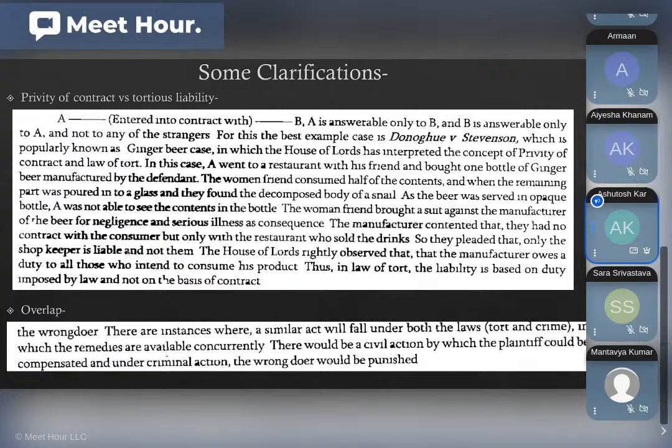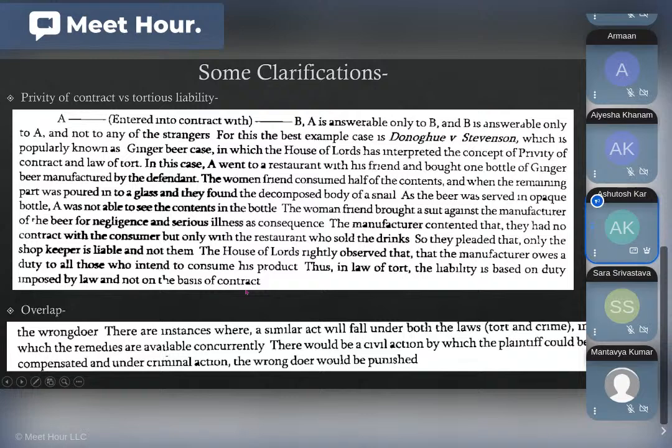The House of Lords rightly observed that the manufacturer owes a duty to all those who intend to consume his product. Here, the House of Lords brought in the Law of Torts. Thus, in Law of Torts, liability is based on duty imposed by law and not on the basis of a contract.